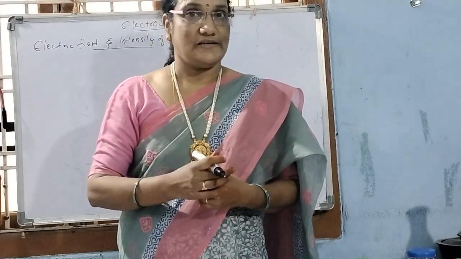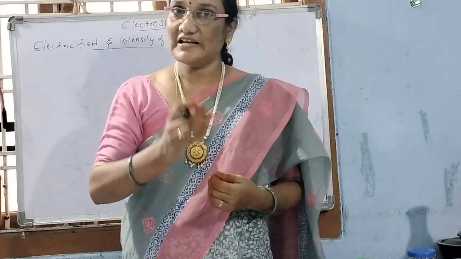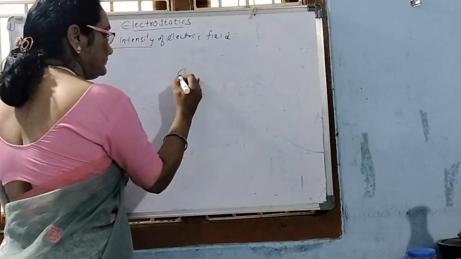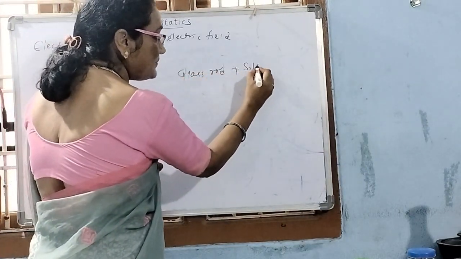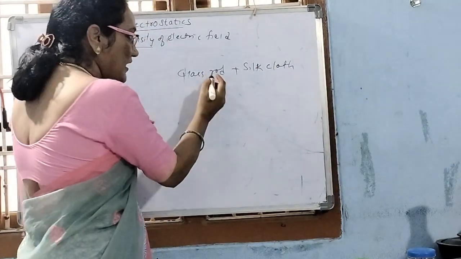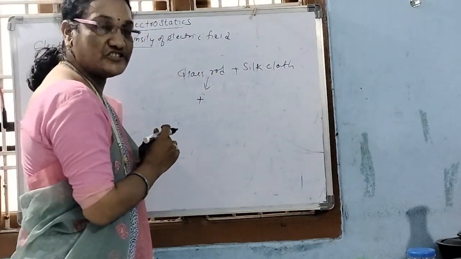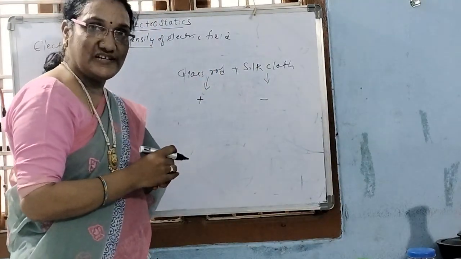Now take the example of a glass rod rubbed with a silk cloth. What happens here? When the glass rod is rubbed with silk cloth, the glass rod becomes positively charged and the silk cloth becomes negatively charged.